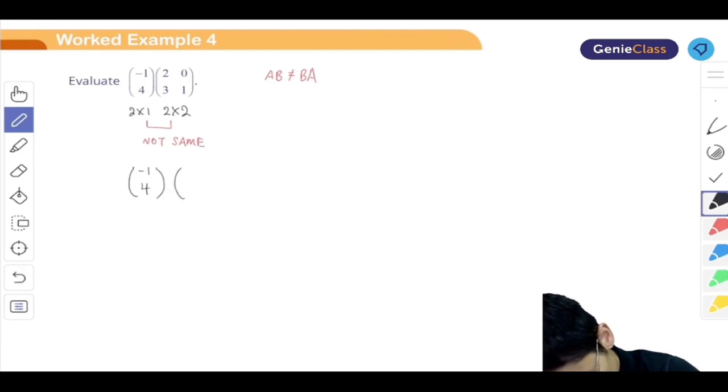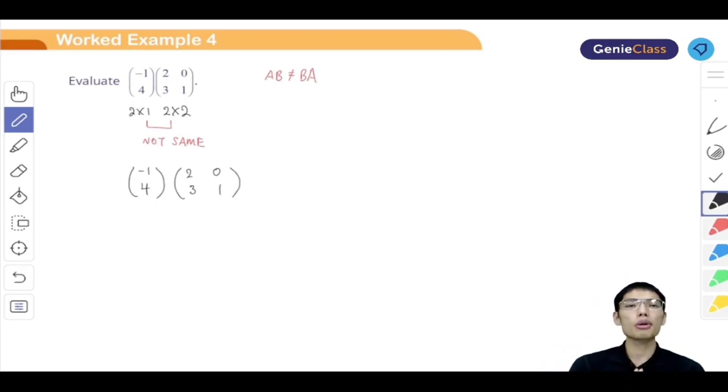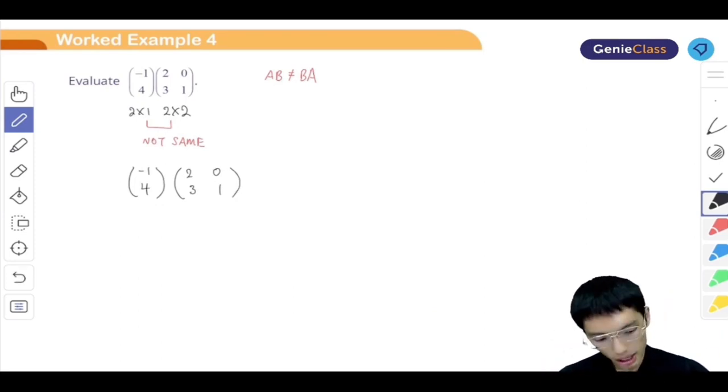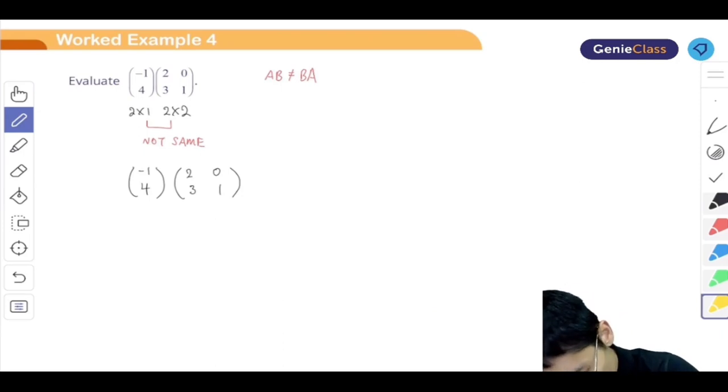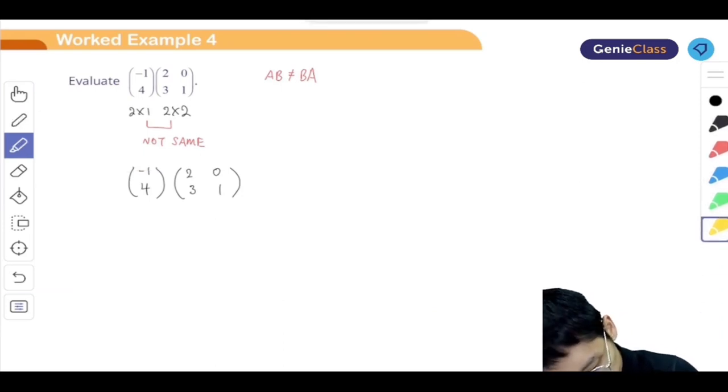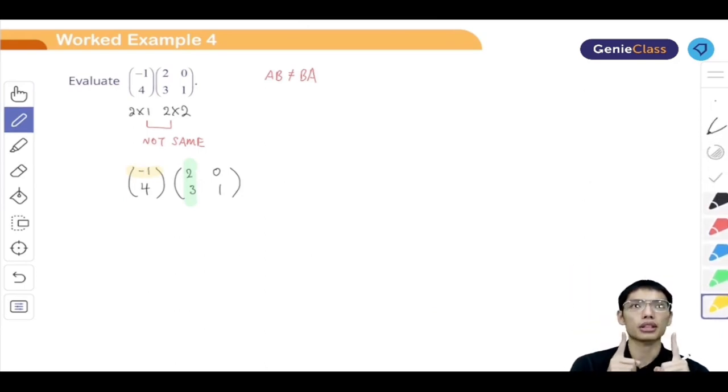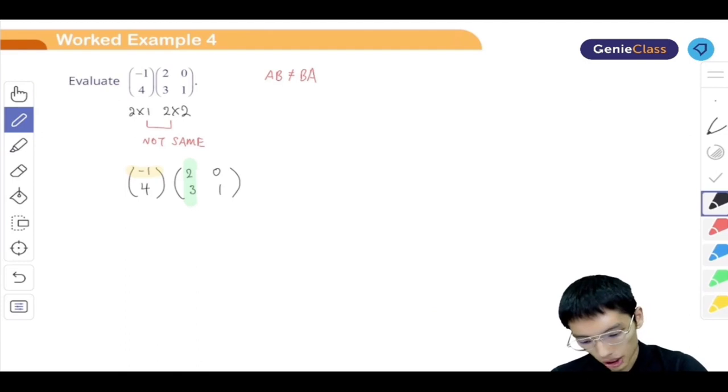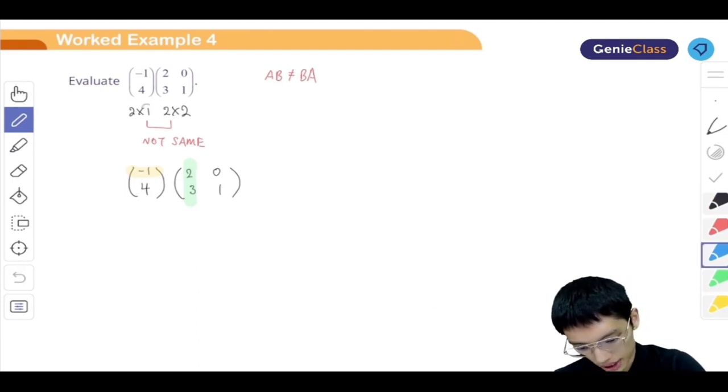Let me write it down. Remember, when we matrix multiply, I multiply the row with the column. Now this is very important because this tells us why we cannot matrix multiply if the columns of the first matrix are not the same as the rows in the second matrix.